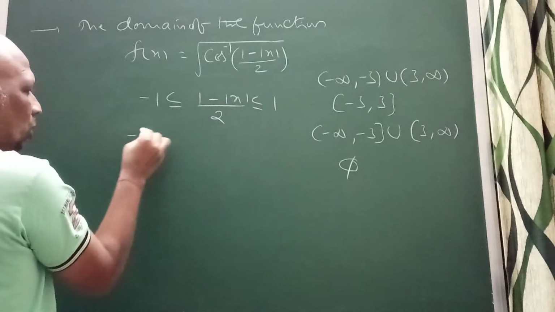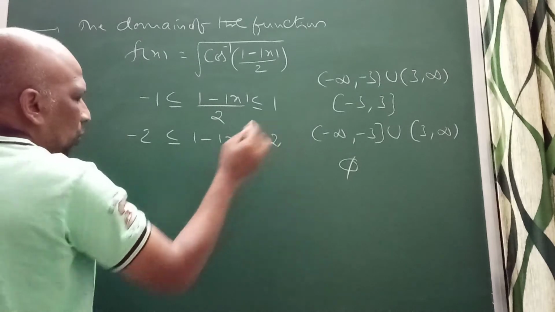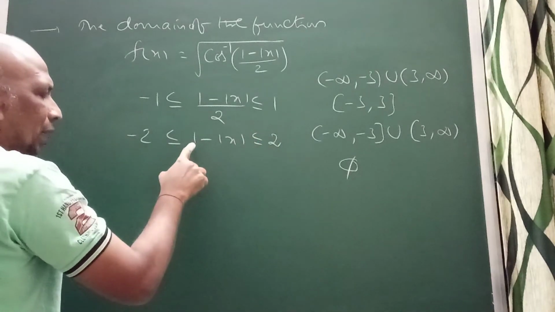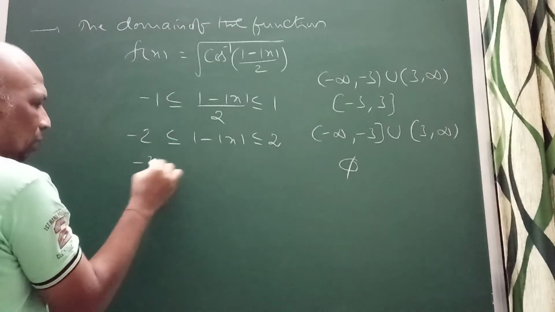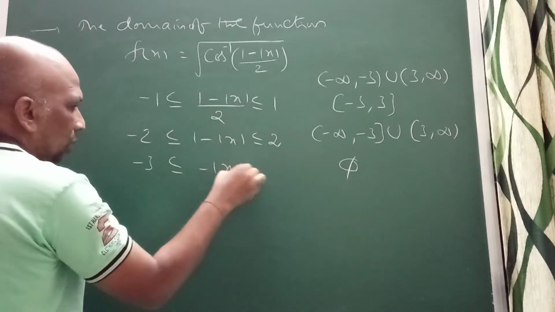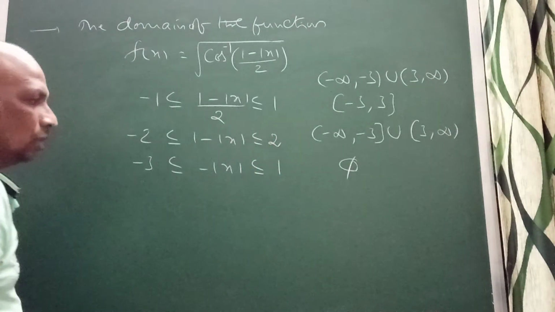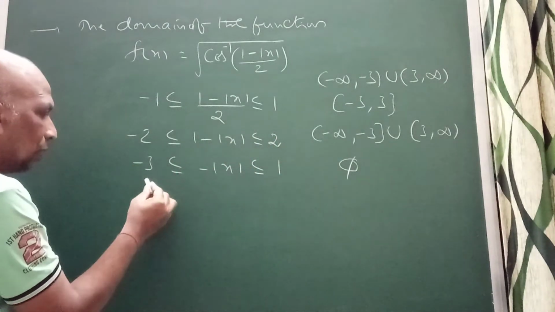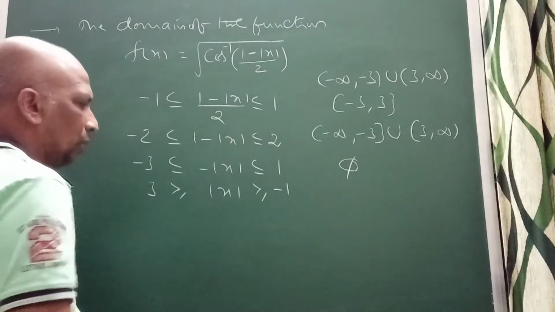Multiply with 2: minus 2 less than or equal to 1 minus mod x less than or equal to 2. Suppose I want to eliminate 1. You add minus 1. If you add minus 1, minus 3 less than or equal to minus mod x less than or equal to minus 1 plus 2, 1. Eliminate the negative. Then it will become 3 greater than or equal to mod x greater than or equal to minus 1.